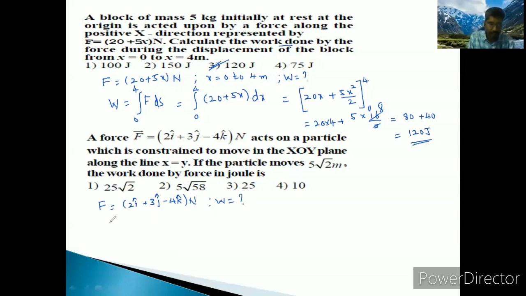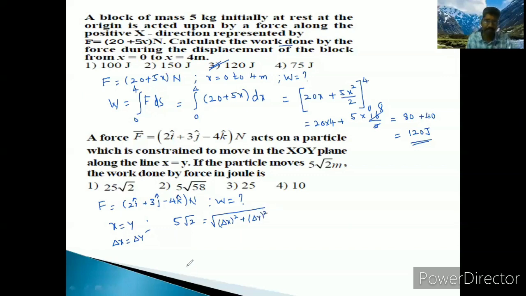So here they gave the data x = y. This magnitude is 5 root 2. So delta x is also equal to delta y. Its magnitude is root of delta x whole square plus delta y whole square.